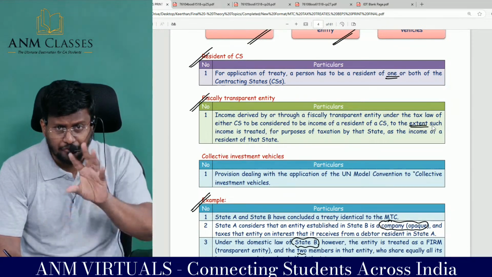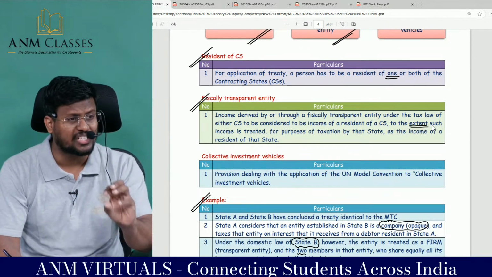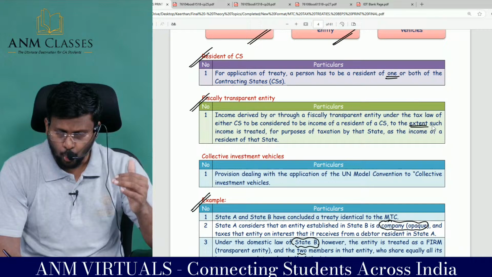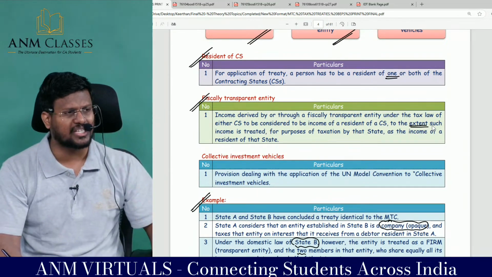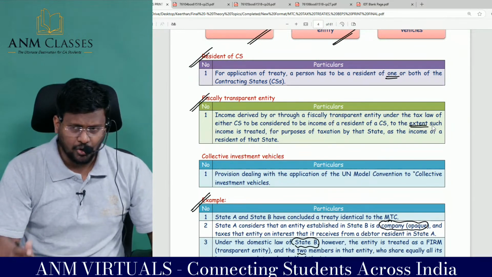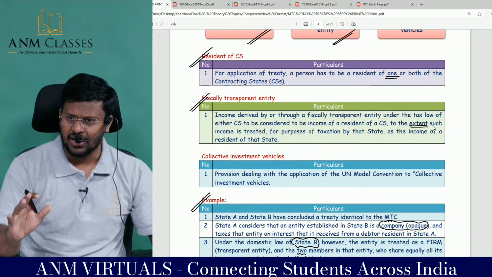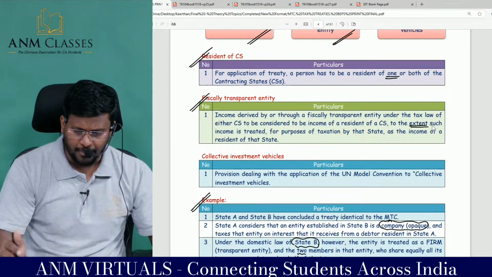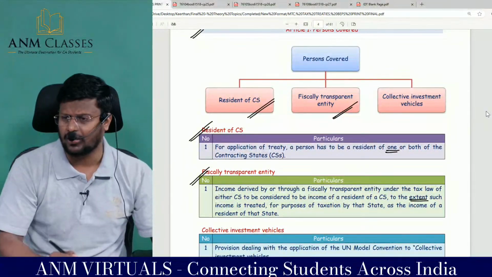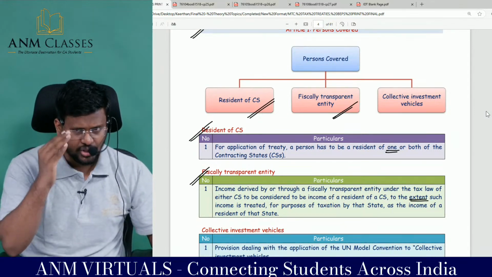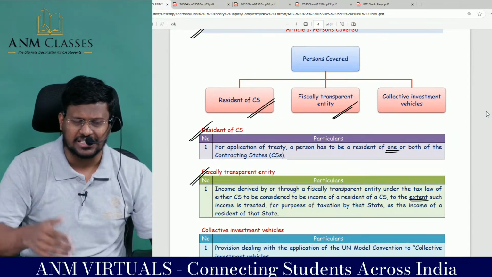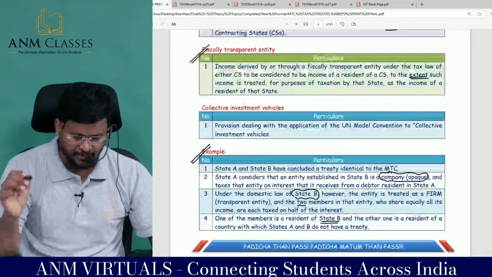In this case, only 50% of the income, that's what 'to the extent' means. So only to the extent of 50% of the income will the provisions of the double taxation avoidance agreement apply. For the remaining 50%, the provisions of DTA will not be applicable because it is not a person covered. Only to the extent of 50% is the person covered. So, for that 50%, you can enjoy either the tax credit method or the tax exemption method as the case may be.